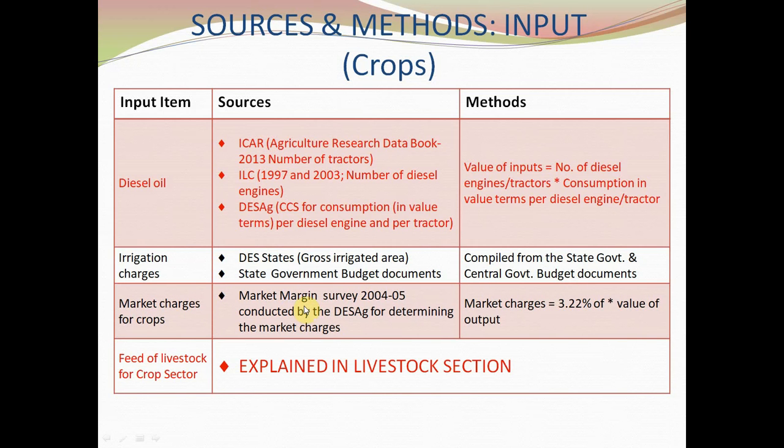For this, the source is the Market Margin Survey 2004-5, conducted by DES Ministry of Agriculture for determining the market charges, and market charges total value is calculated as 3.32% of total value of output. Then feed of livestock for crop sector will be explained in the livestock section.